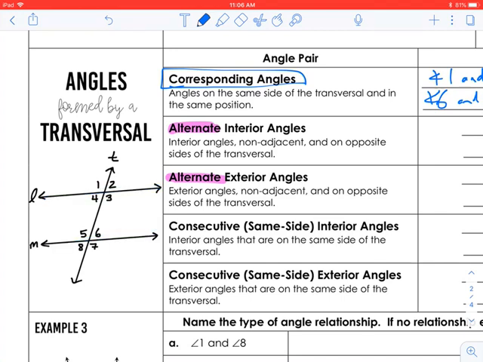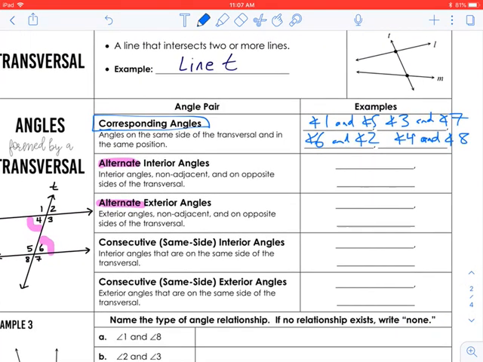So alternate interior would be 4 and 6 because they're inside of the 2 lines and they're opposite sides of the transversal. So angle 4 and angle 6 have that relationship. And the same way, angle 3 and angle 5 are alternate interior.